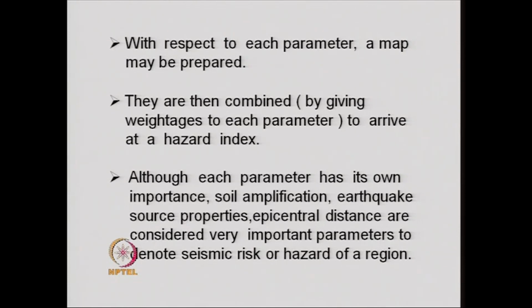They are then combined by giving weightages to each parameter to arrive at a hazard index. So, for each one of the sub areas, one can calculate a hazard index by giving weightages to each one of these parameters. Although each parameter has its own importance, soil amplification, earthquake source properties, and epicentral distance are considered very important parameters to denote seismic risk or hazard of a particular region.